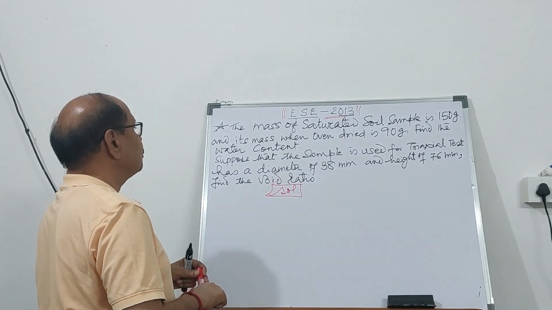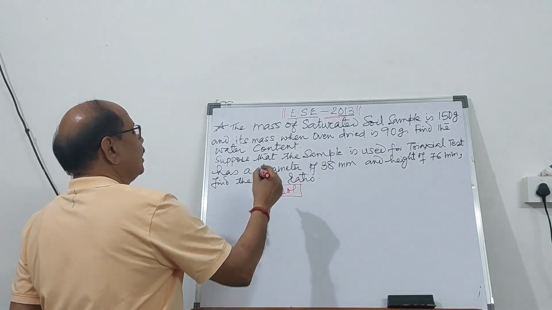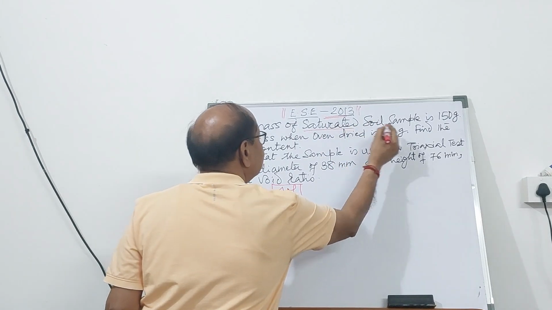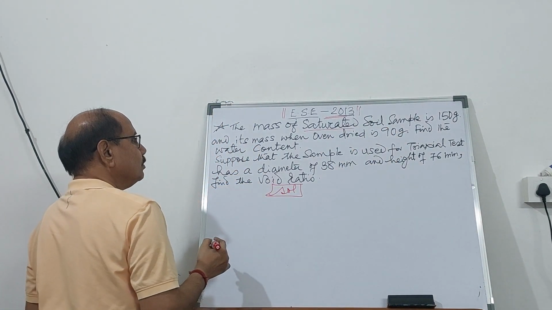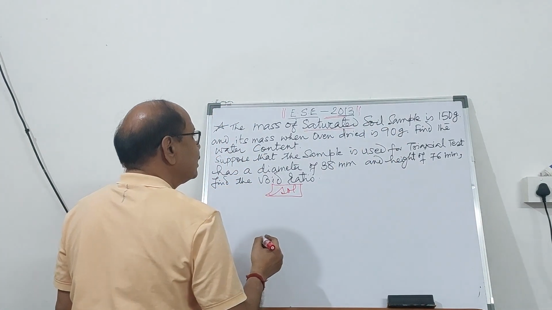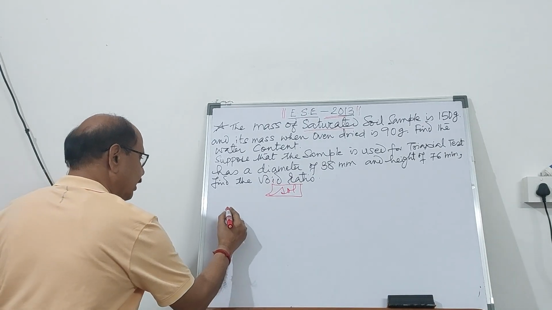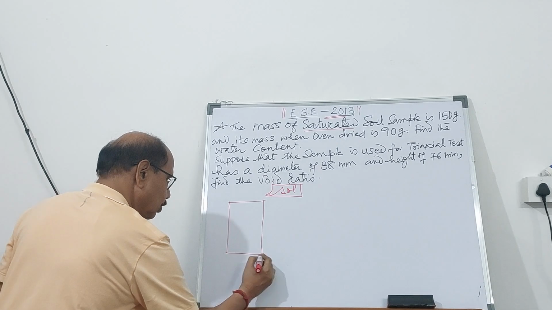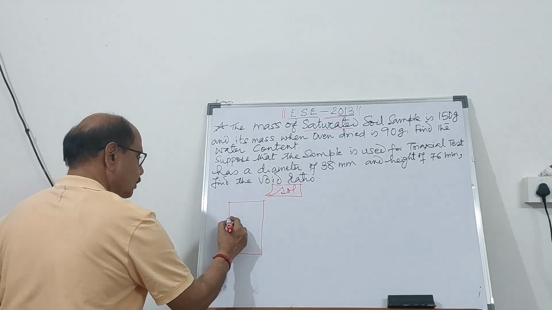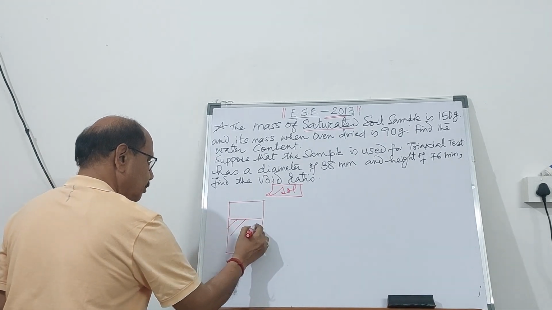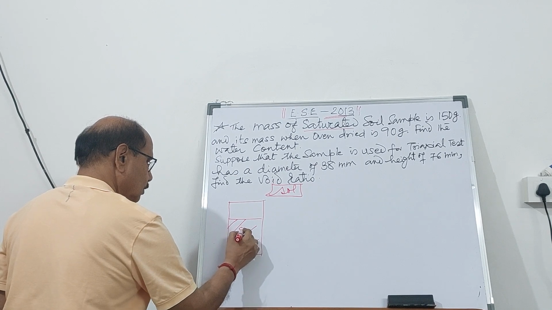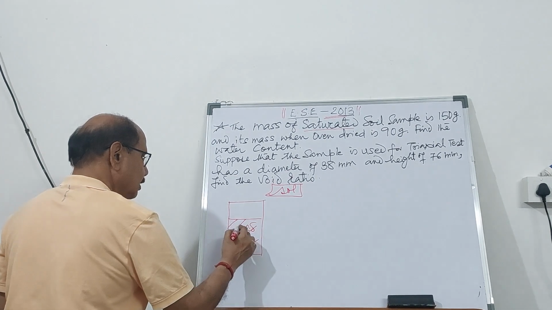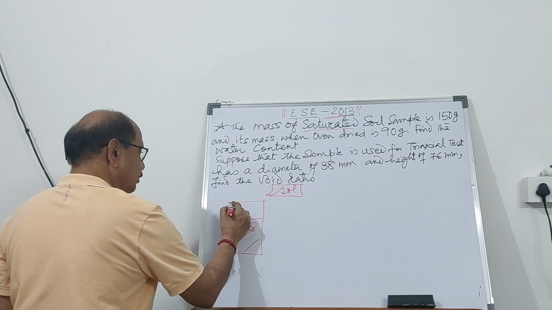The solution of this problem, the mass of saturated soil sample. So the soil sample is fully saturated. So if you draw the three-phase diagram, the solid part, soil solid, and this is fully saturated.